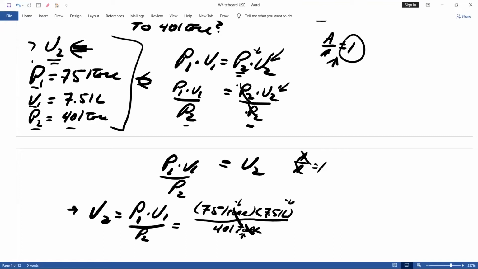And my calculator gives me this number. I always laugh when a calculator gives that.